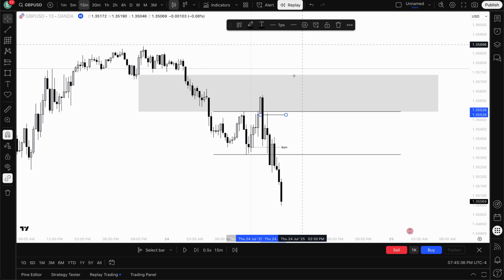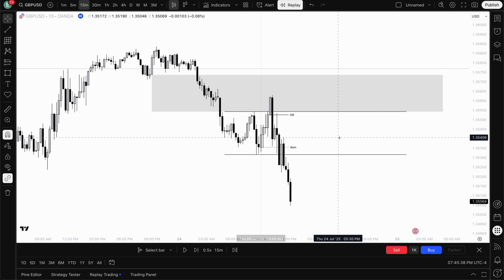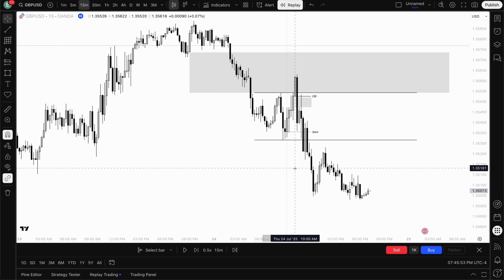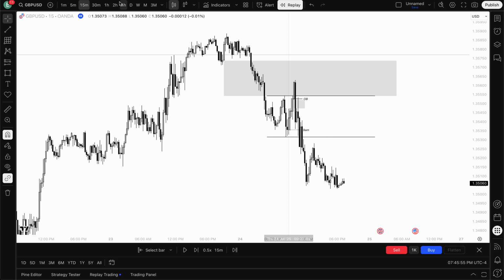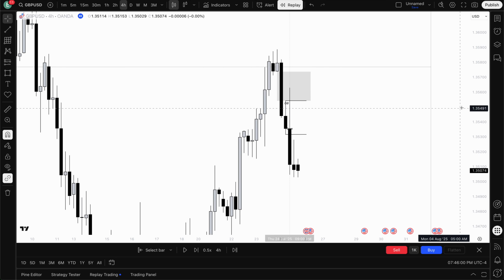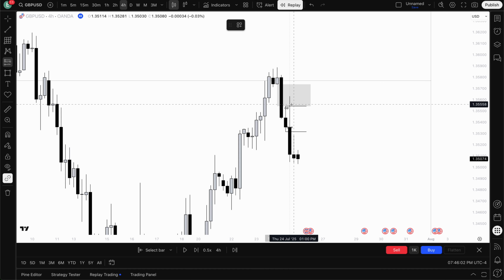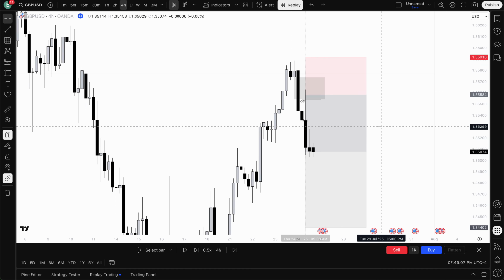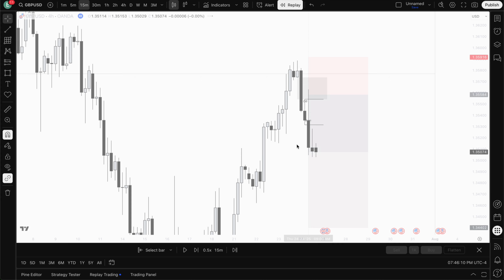This is where the order blocks come into play, or you could enter on a fair value gap. But again, all of this open, high, low, close is happening right here. This entry that you took on a 1 minute chart, stop loss above here, target those lows, was just this.